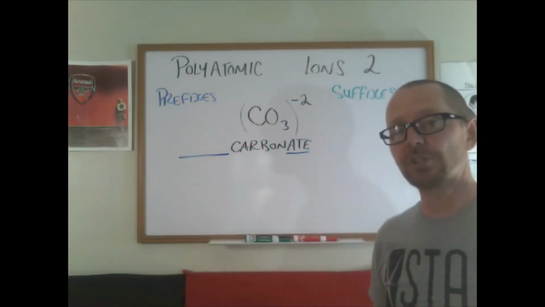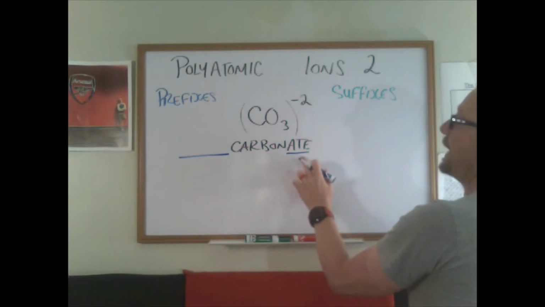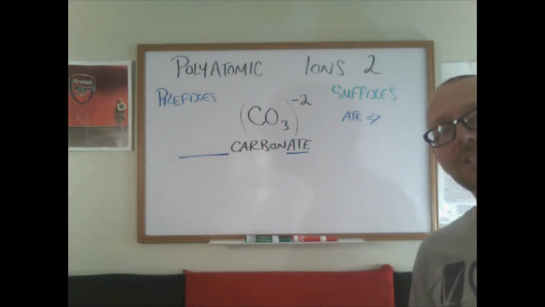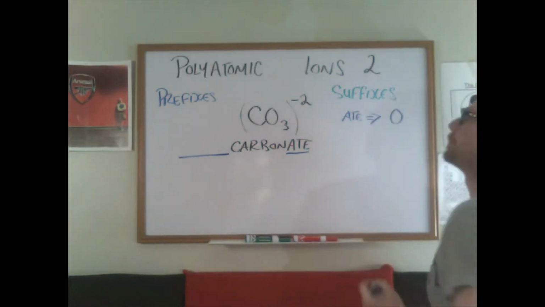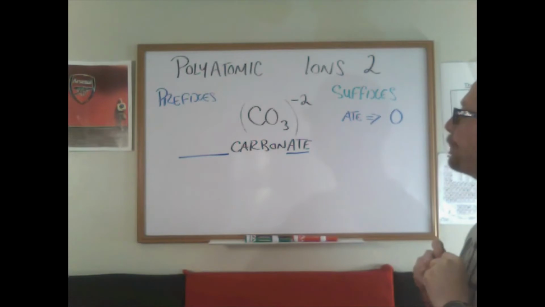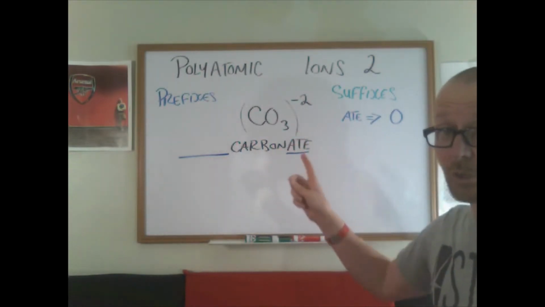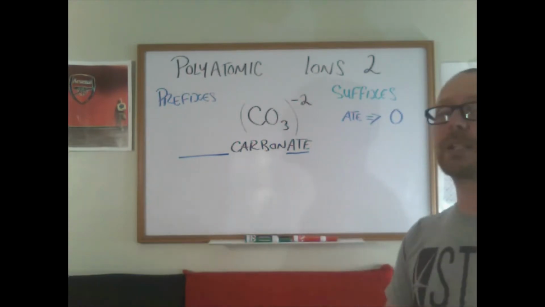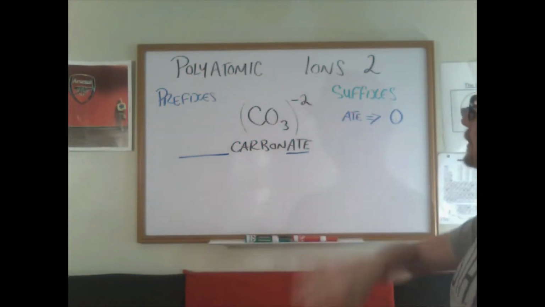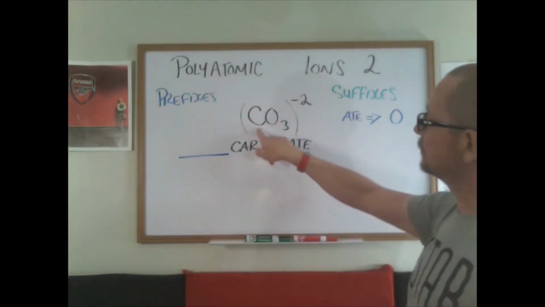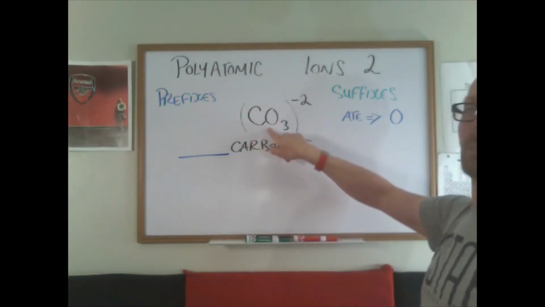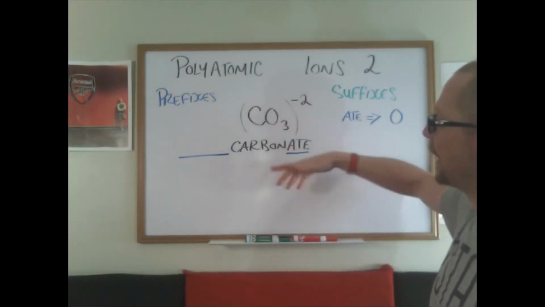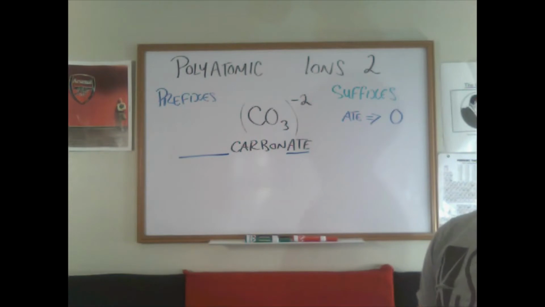And as I said in the previous video, a suffix of -ate means the presence of oxygen, symbol O. It doesn't tell you how many oxygens there are, it just tells you that there's oxygen. That's the bit you have to remember. So that's carbonate: carbon with oxygen bound together in a stable, cohesive unit with an overall surplus of 2 electrons. Carbonate. Okay. But what about the others?